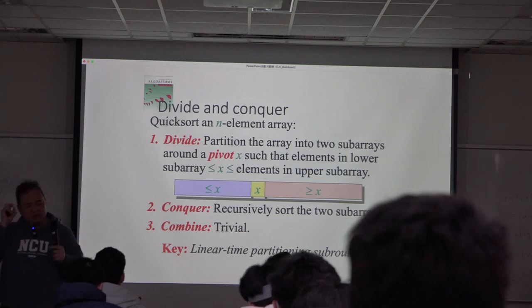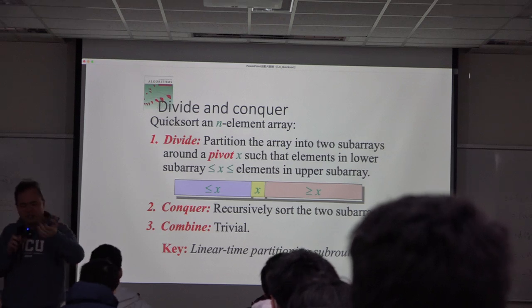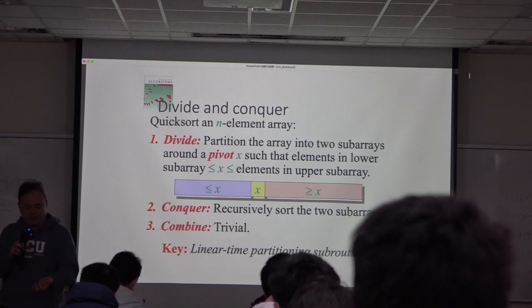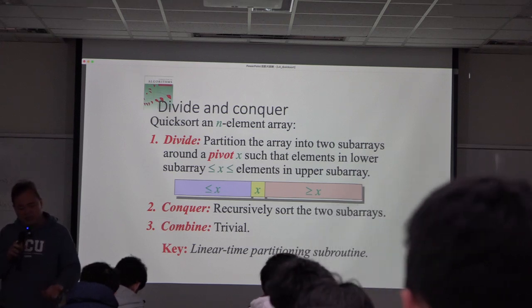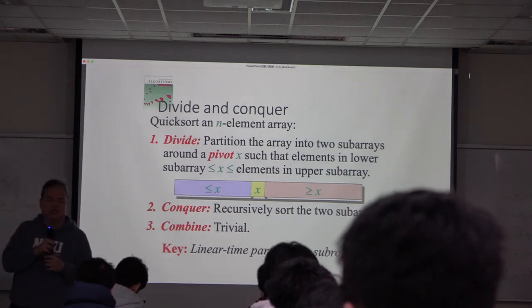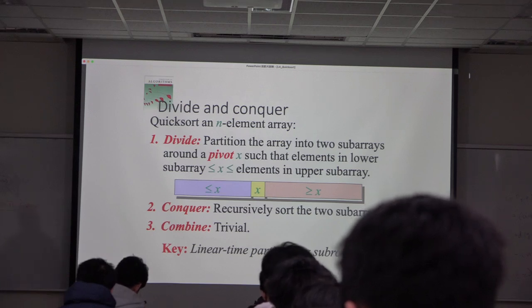You keep breaking the array until you have only one element in the subarray, which is considered sorted, and then you merge them to form a sorted array, and eventually a complete sorted array. That's the concept of merge sort.